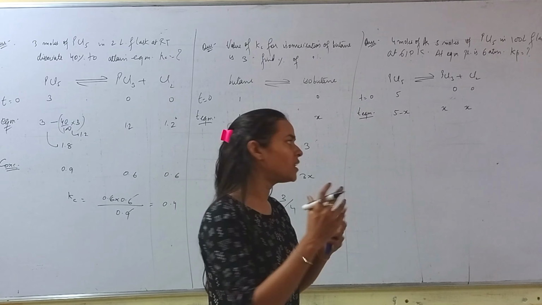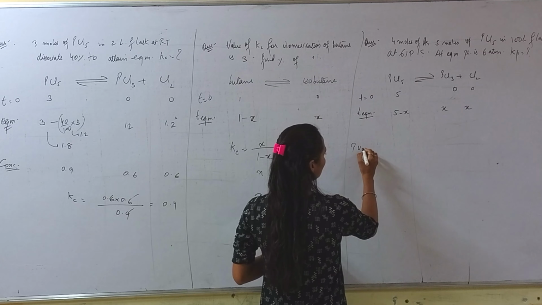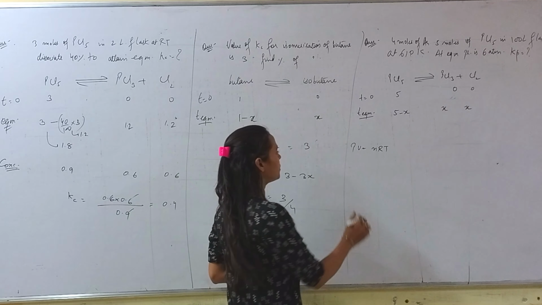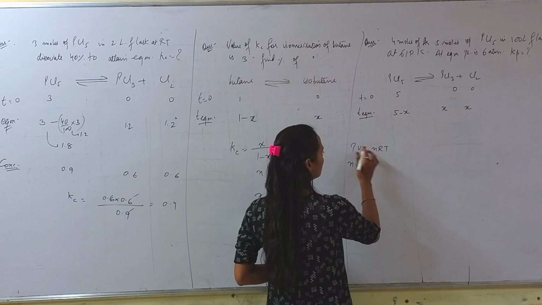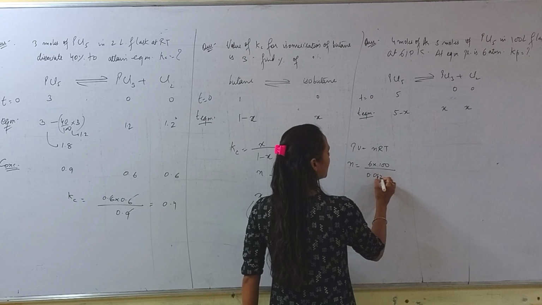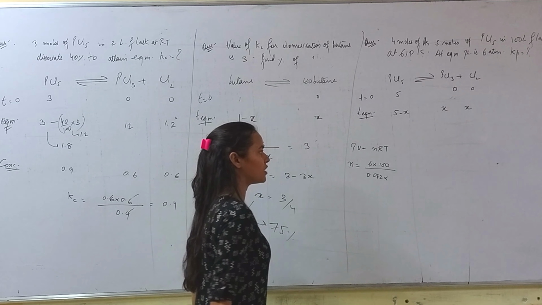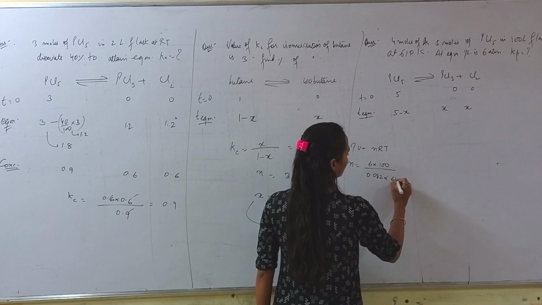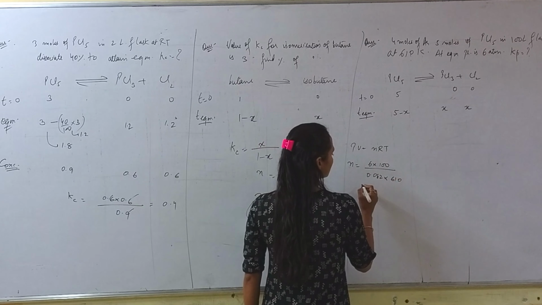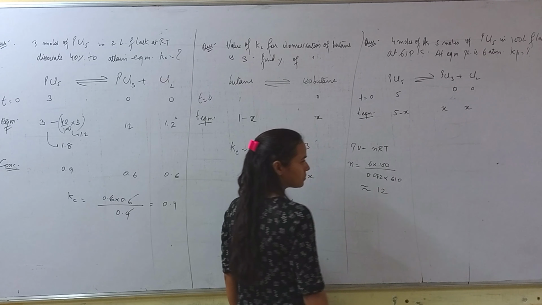So I can apply PV is equal to nRT, and from here I can calculate n. n will be pressure 6, volume 100, R 0.082, and temperature 610 Kelvin. When you calculate this, it comes out to be roughly 12.